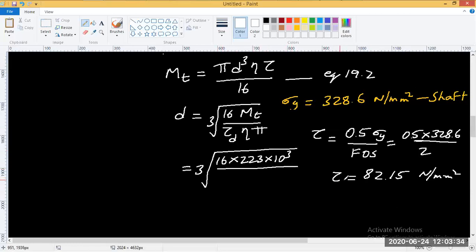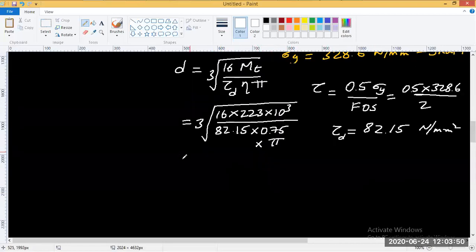Shear stress for the diameter is 82.15 into the efficiency, which was given, so 0.75 into 5. Once we solve for this, we'll get the diameter. Let's see you solve. I'll also solve in parallel. Let's find out what the diameter is. This is step 2.